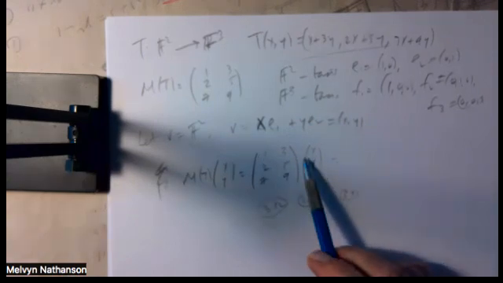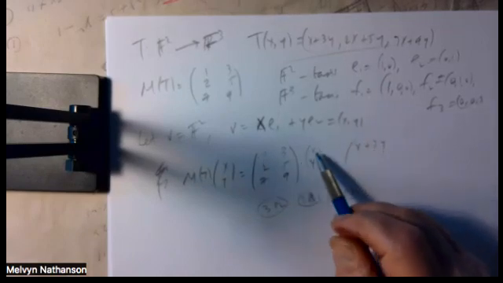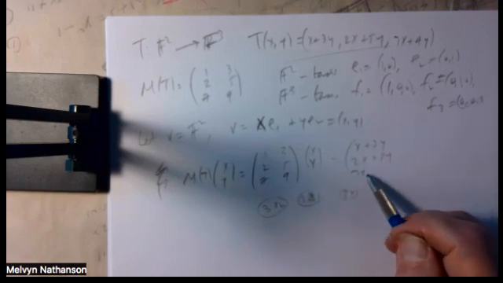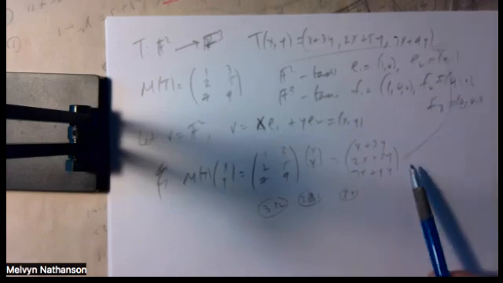When I multiply row into column, I get x plus 3y, 2x plus 5y, 7x plus 9y. It's exactly this written as a column vector instead of as a row vector. It's much better to write things as column vectors. And this is always the case.